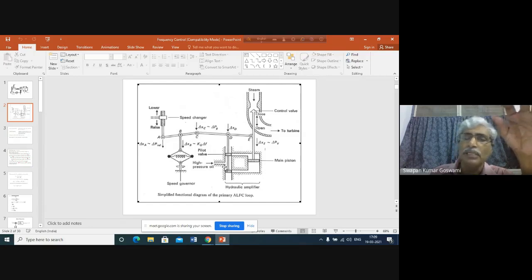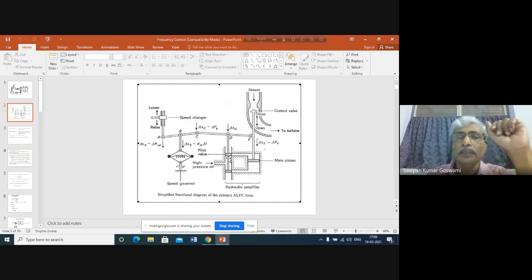And obviously that oil will come from the high pressure oil pump. So basically it is related with the hydraulic amplifier. We are now focusing on the operation of the hydraulic amplifier, because we are interested in knowing how the movement of E will be affected by the movement of D.